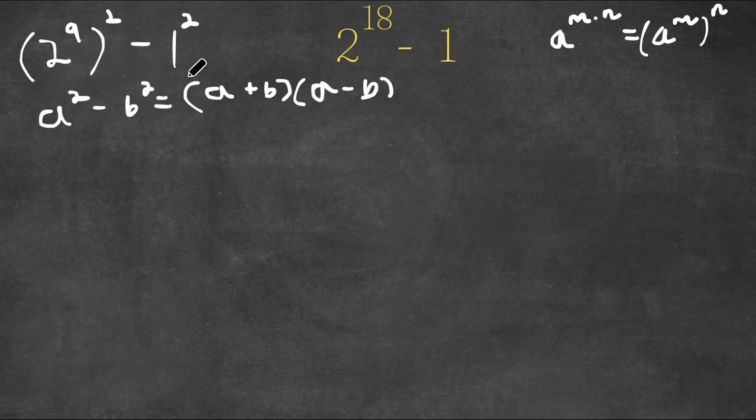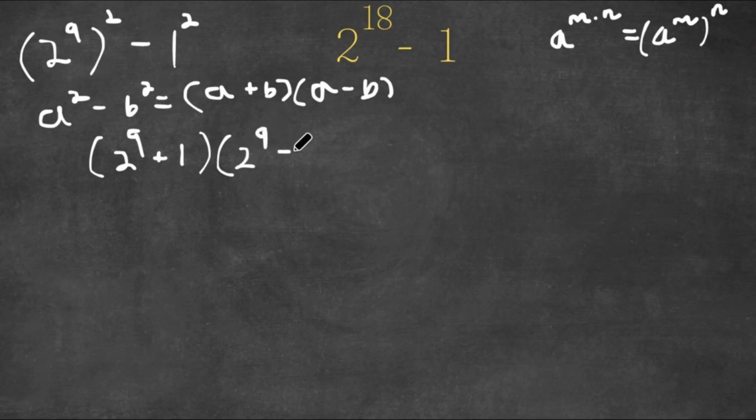So if we plug these in for a and b, we get 2 to the power of 9 plus 1 times 2 to the power of 9 minus 1.